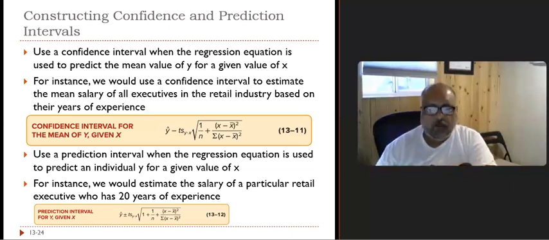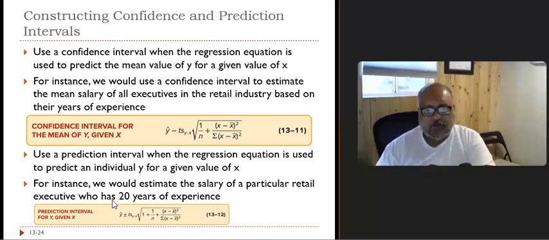Let's see an example. We would use a confidence interval to estimate the mean salary of all executives in the retail industry based on their years of experience. In this kind of scenario, where we are trying to use the mean value, we use a confidence interval around the mean.